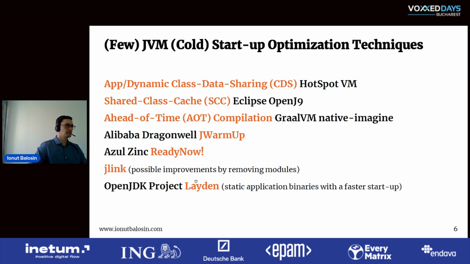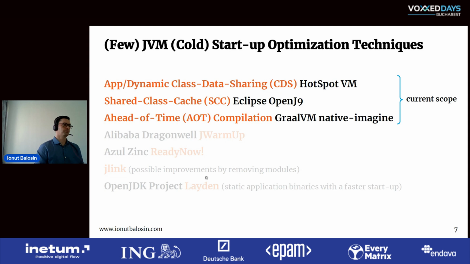You can also potentially improve your startup time for your application by playing with JLink, removing some modules. And there is a recent initiative called Project Leyden that targets basically the application startup time. All in all, as mentioned, there are a lot. I'll focus today on the first three. In a nutshell, I'll quickly present how they work, how you can trigger them in your application, and I will measure the timings at the end.